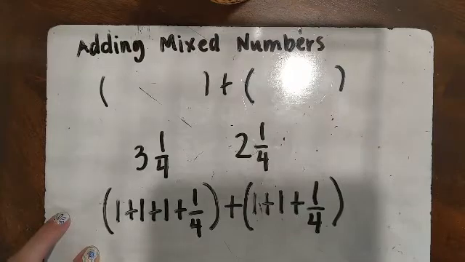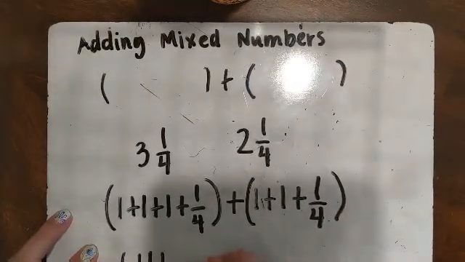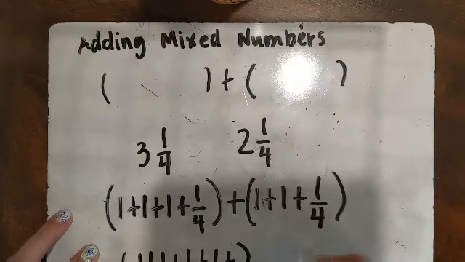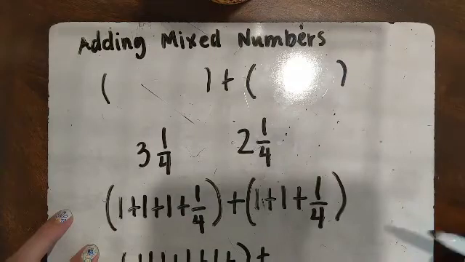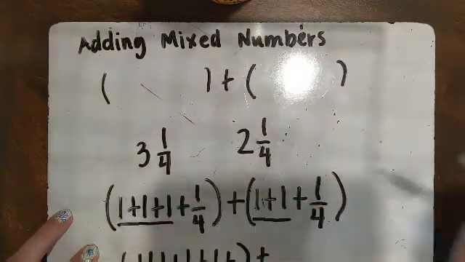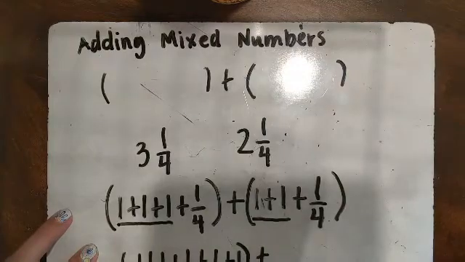We might as well group it differently. So we can group 1 plus 1 plus 1 plus 1 plus 1 together. Where did you get that? These guys and these guys. Okay? 3 and 2, right? Okay.